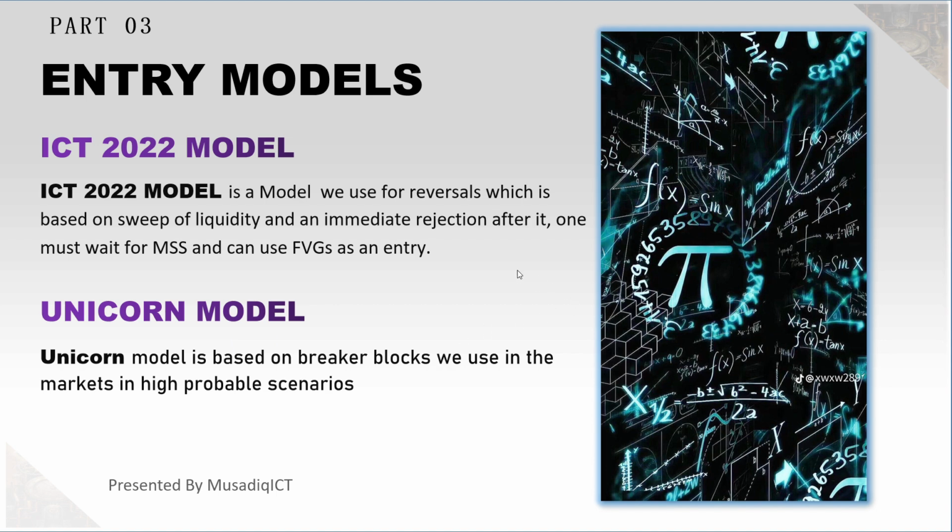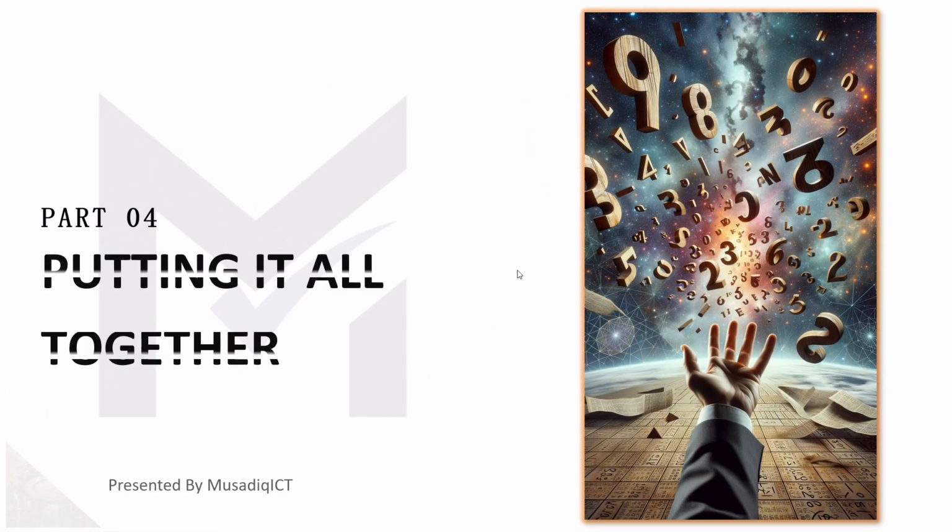The last part is putting it all together, and we'll be going through examples of CRT, and also talking about my model and everything in that part, and you will actually know how I trade it.